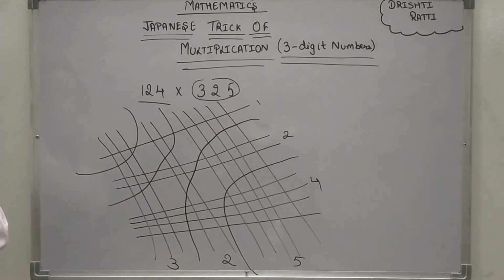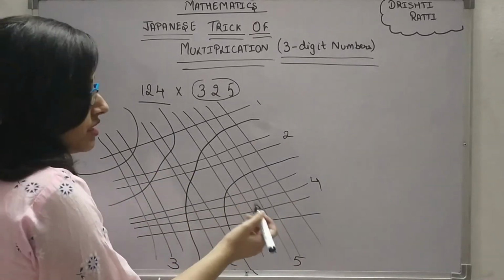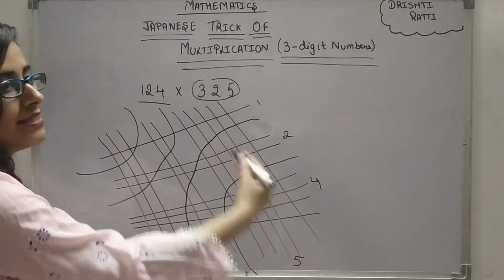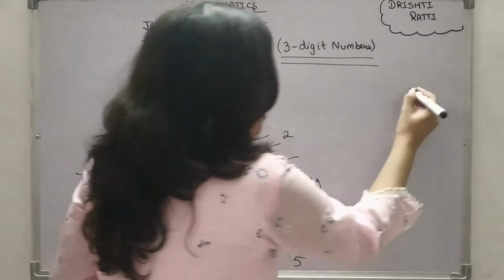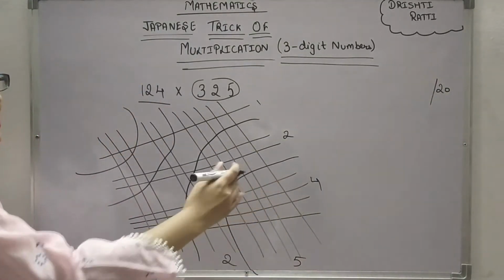So let us now start counting this. Instead of counting, what it is actually is 4 lines this way and 5 lines this way. 5 into 4, that is 20. So if you count also, you will get 20 intersecting points.